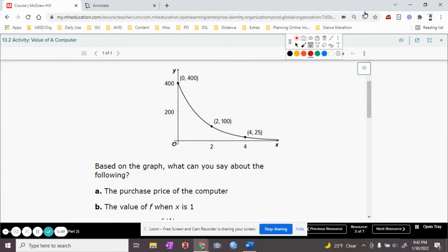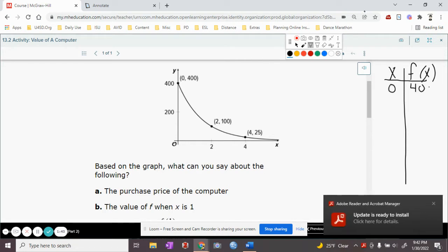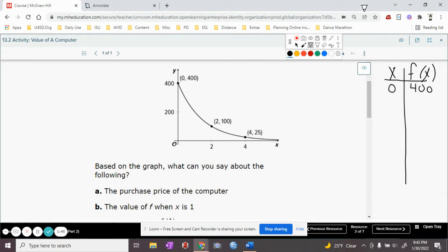I'm going to pull that out. So we have our x and our f of x. Here we have 0, 400. We don't have our 1 here. That's not listed as an ordered pair. We also don't have the 3.